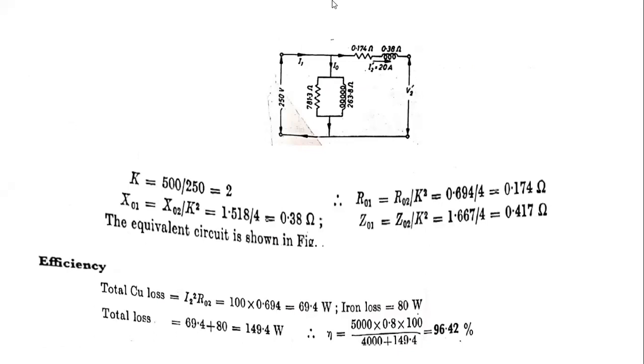So this is the 500. Output is equal to 500 into 0.8.